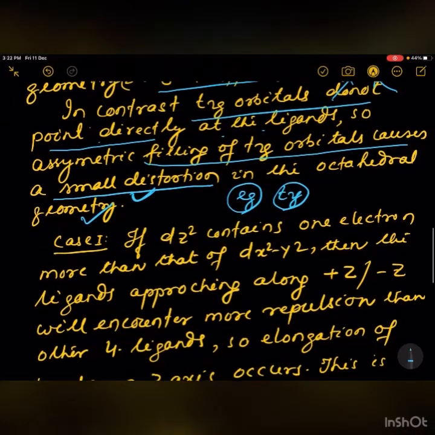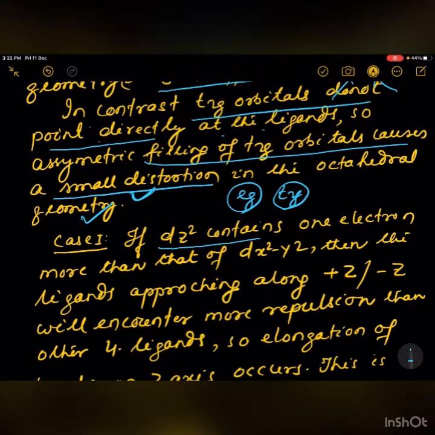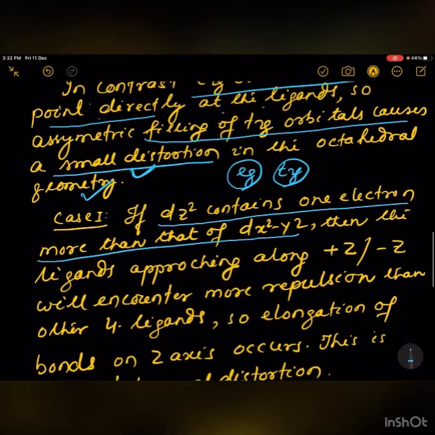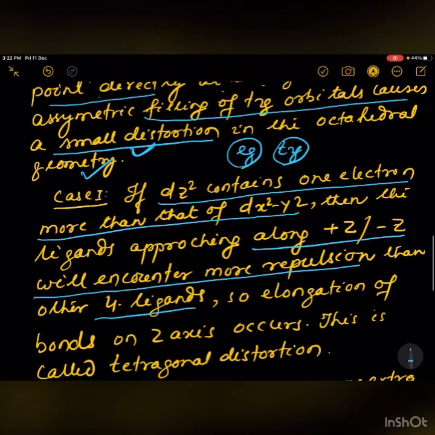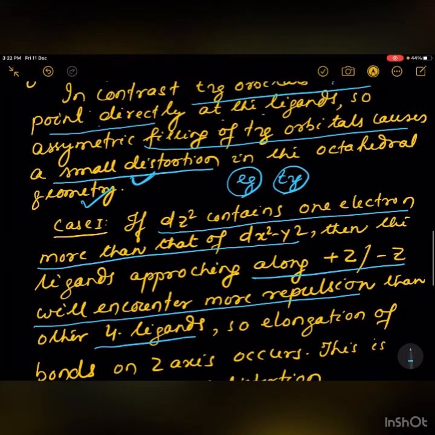Case 1. If dz square contains 1 electron more than that of dx square minus y square, then the ligands approaching along plus z and minus z will encounter more repulsion than the other 4 ligands. You see, in EG there are 2 orbitals. One is dx square minus y square and the other one is dz square.